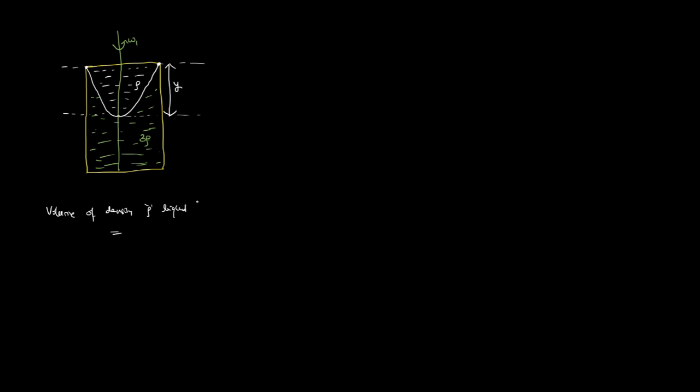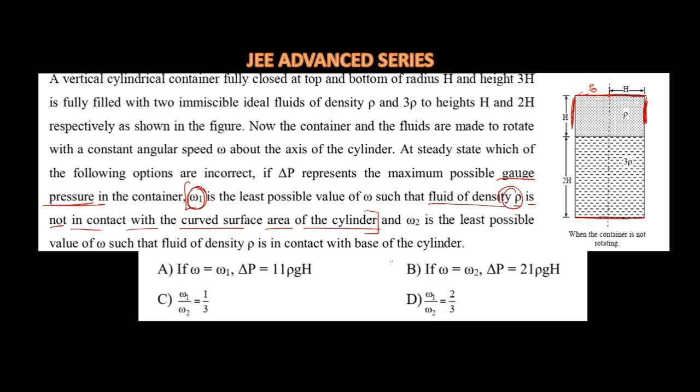Okay, then what is the volume of the rho liquid? Rho liquid volume is pi into, so they have given this radius also h. Okay, so then pi h square into y, divided by 2, will give the volume of the cylinder by 2. This is the volume of the rho liquid according to this shape. But actually what is the volume of the rho liquid as given? You can check here, h is the height of the cylinder, r is the radius, then pi h square will be the area, into h.